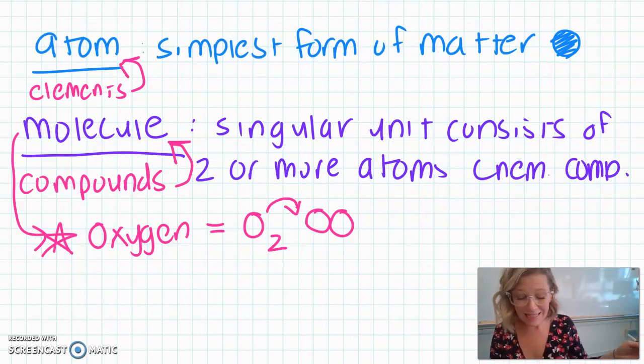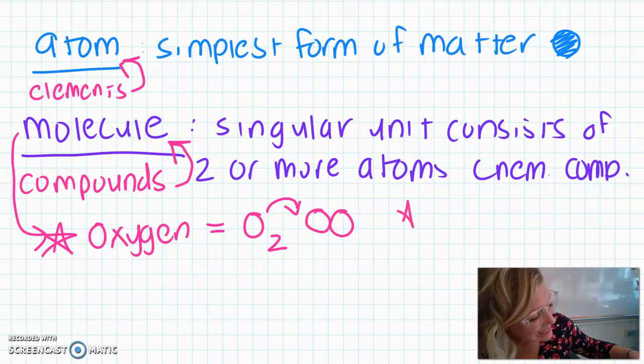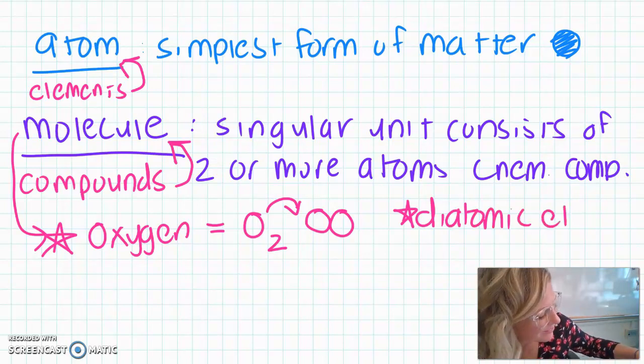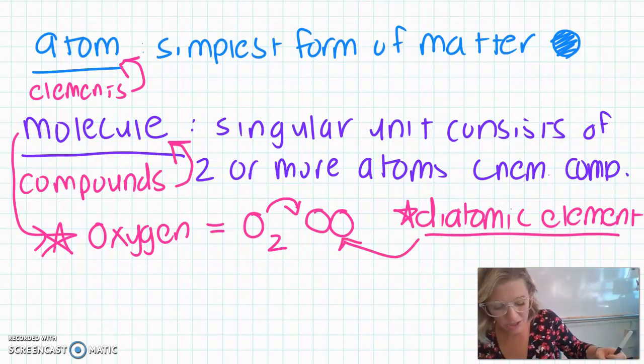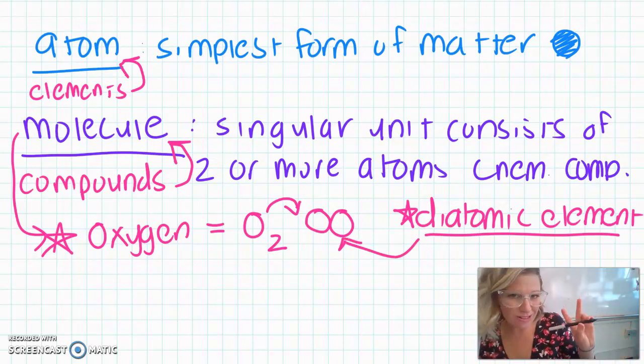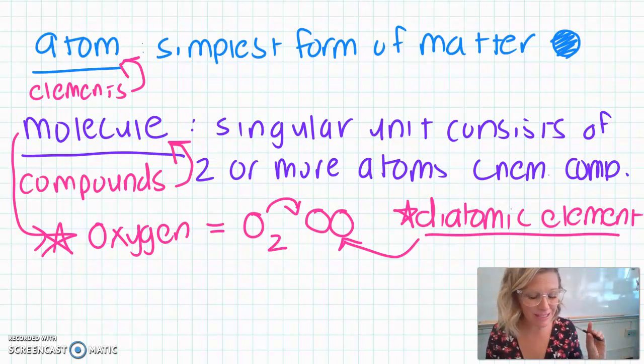It's actually what we call a diatomic element, because it has two of the same type of atom chemically combined. Since it's only the same type of atom throughout, it is considered a diatomic element.